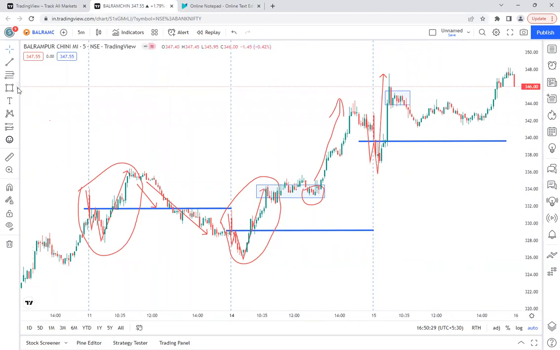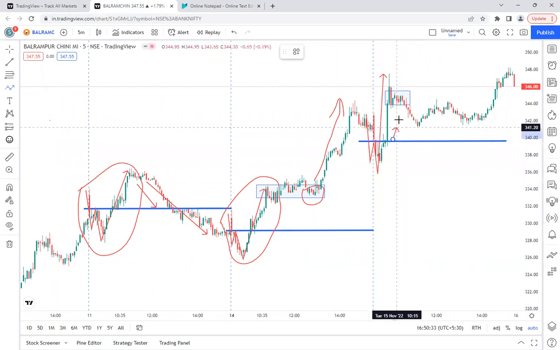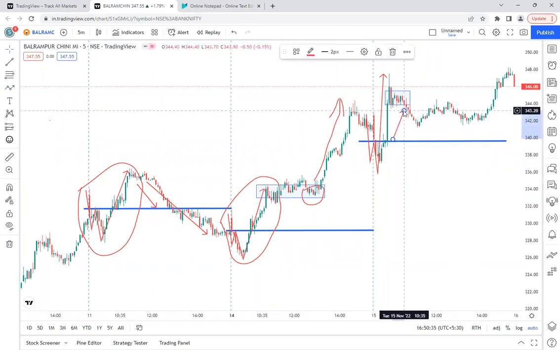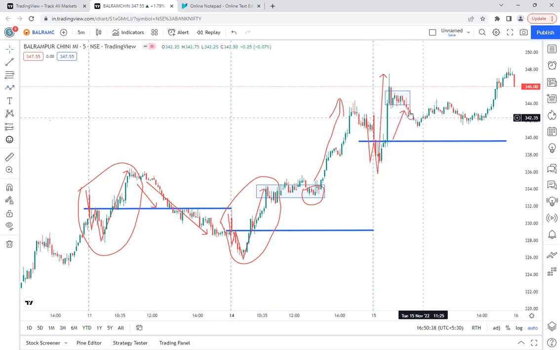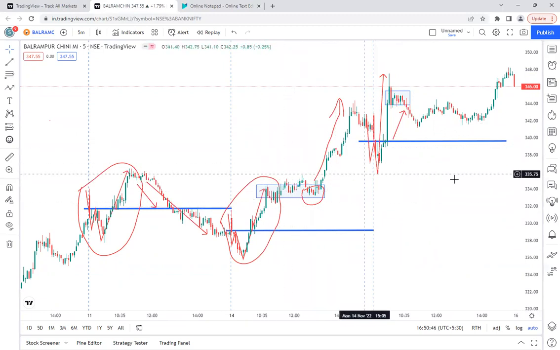So here is the point where a number of traders will be taking their positions, saying that it will go to the downside direction and hit the support to make an opposite move, as happened on 14th November.